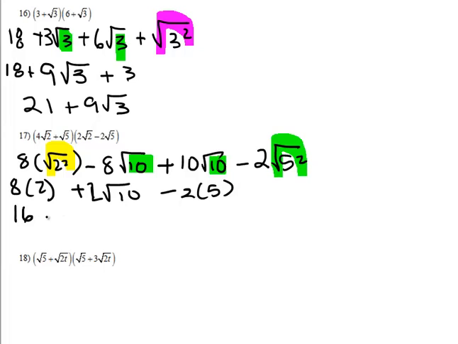Simplify some more. 16 plus 2 root 10 minus 10. So that would be 6 plus 2 root 10. And I want you to notice, I haven't said anything about it, but in this case, I can't reduce that. There's no hidden squares in there. Same up here. There's no hidden squares.